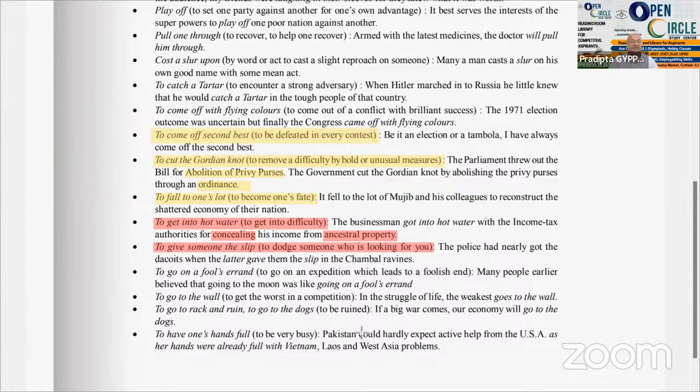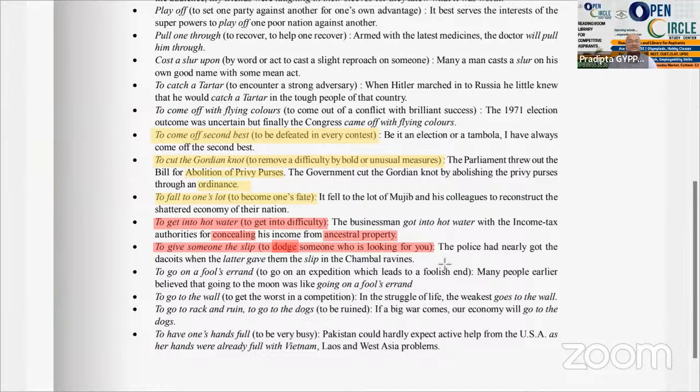Now, to dodge someone who is looking for you. What do you mean by the word dodge? Like tackle. A better word is, like the Hindi phrase, throwing dust in someone's eyes, meaning you dupe that person. To dodge someone who is looking for you.